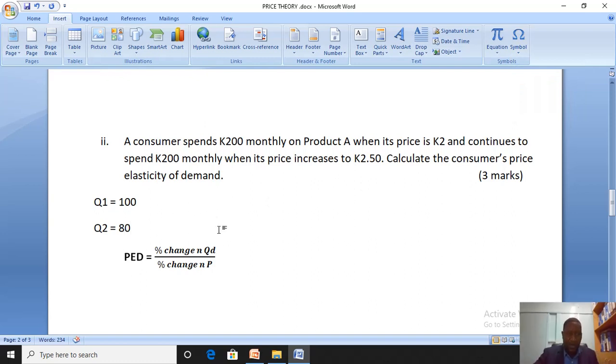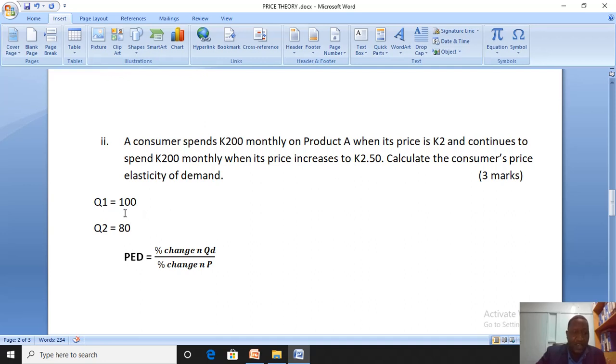I hope our calculation is clear on that one. How many units is the consumer buying when he spends 200 kwacha at 2 kwacha per unit? It's 200 divided by 2 kwacha. How many units are bought at the new price? Spending 200 kwacha when the price is 2.5 is 200 kwacha divided by 2.5. That will give you 80.